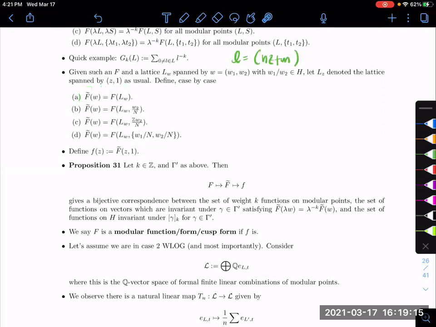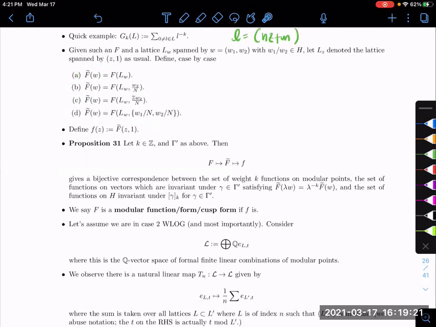But then you move to the third set. And what is the third set? It's actually just the set of all functions on H that are invariant under bracket gamma for all gamma in gamma prime. And so it then becomes natural, because what does this mean? What does it mean that f is invariant under bracket gamma?